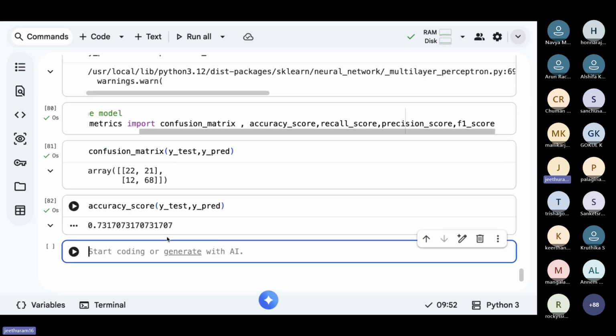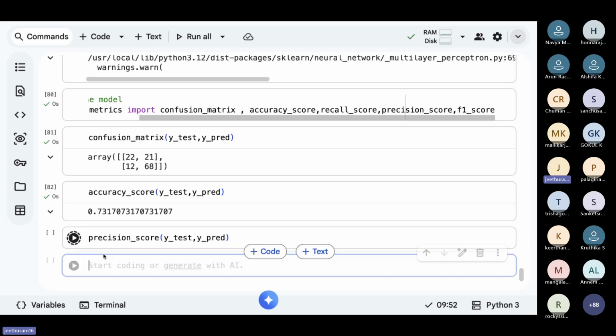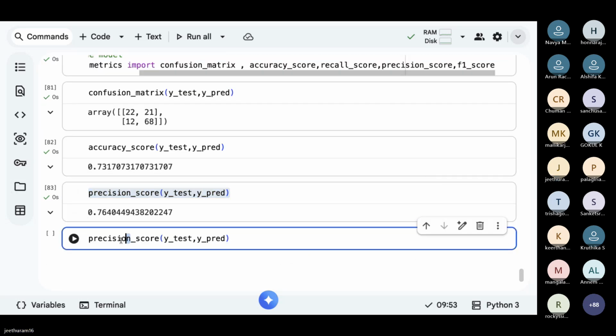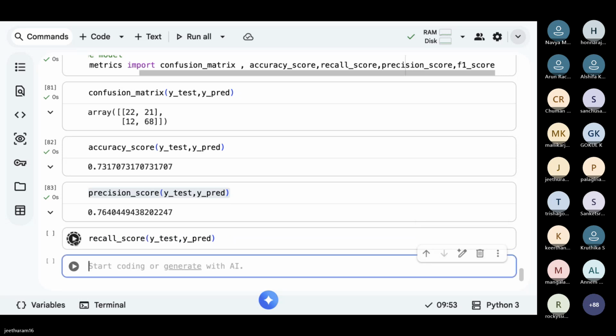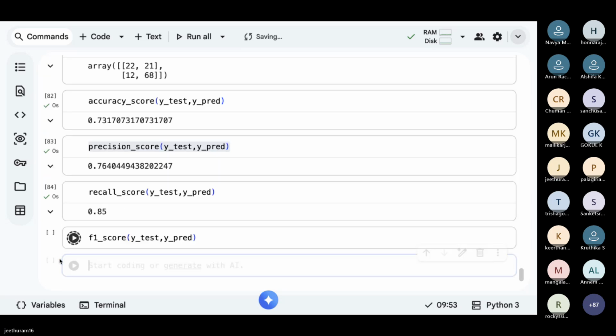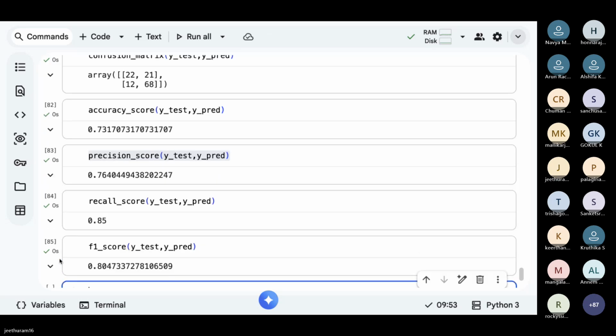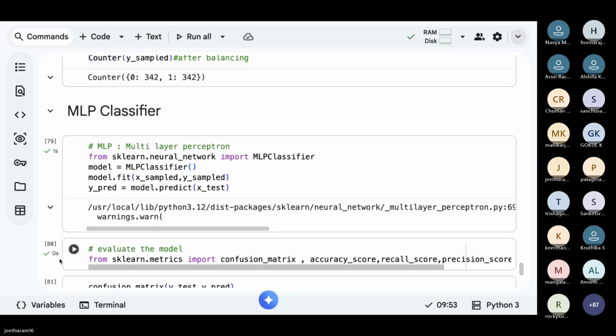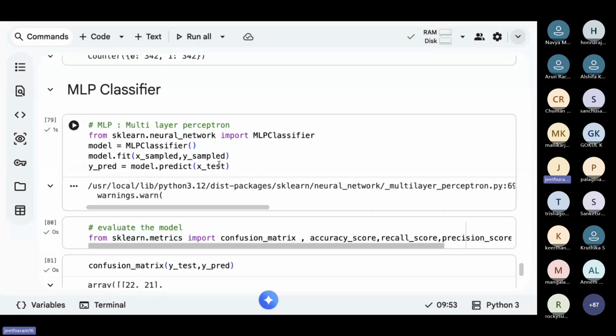I got 73. Just try rerunning the notebook once. Okay, recall is good. F1 score is also good. Great. So this is without hyperparameters, right?